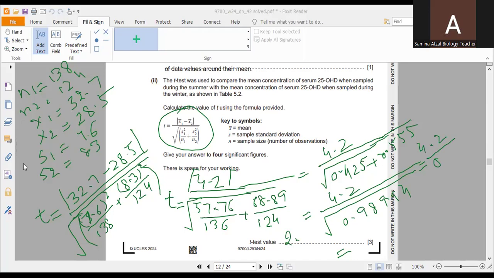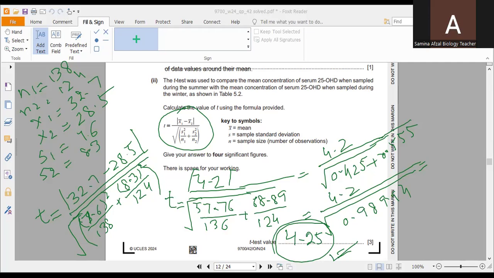Yes, it is 4 point. The answer is, the value of T is 4.25. So this is the answer. The value of T is 4.25. I have calculated it in front of you.